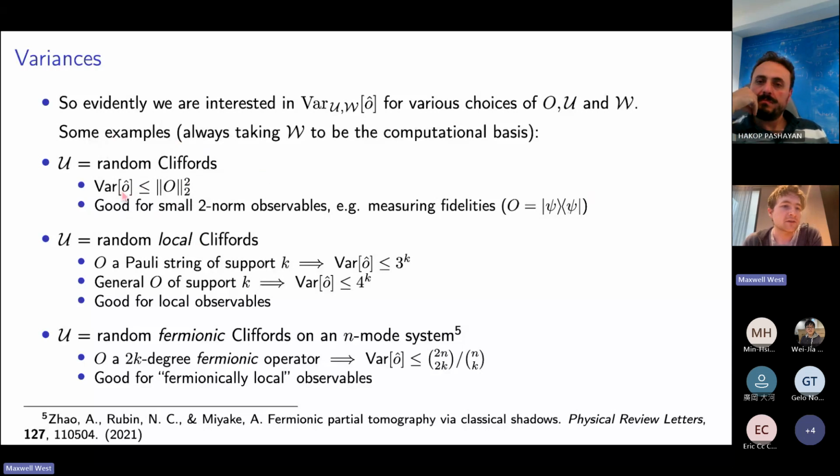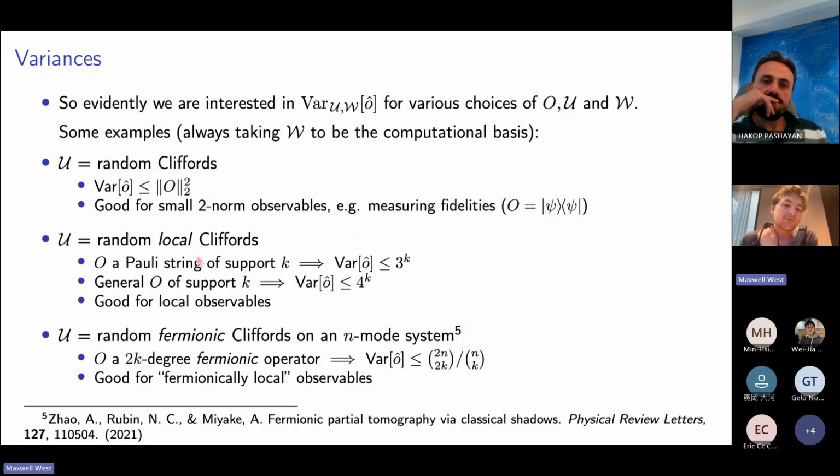But there are certainly interesting observables that don't have small 2 norm, right? For example, every Pauli string has a 2 norm that's 2 to the n. Well, it's exponential. So the global Cliffords just can't do them at all, or at least they take exponentially many samples.